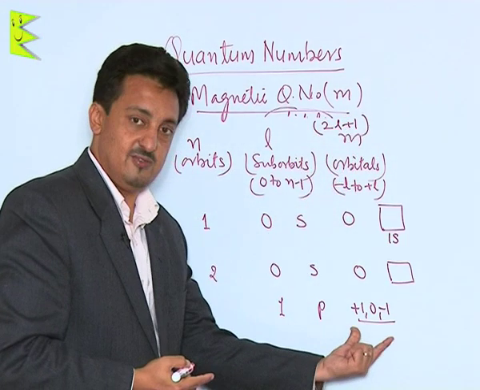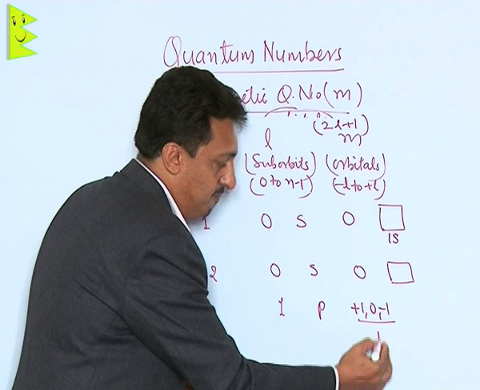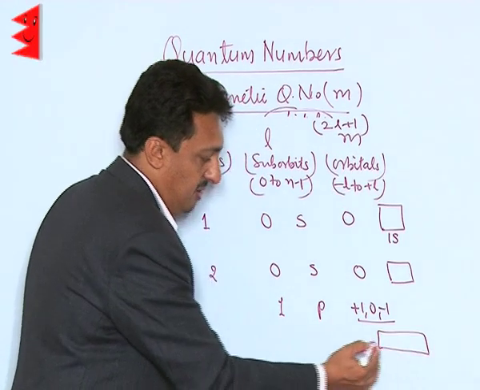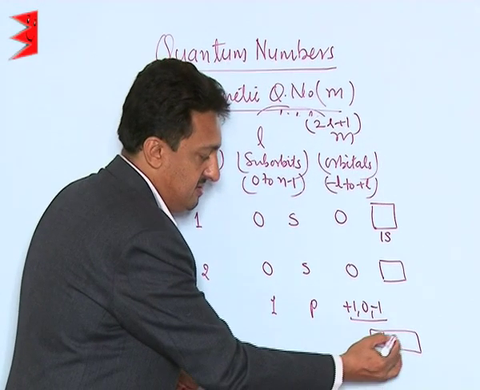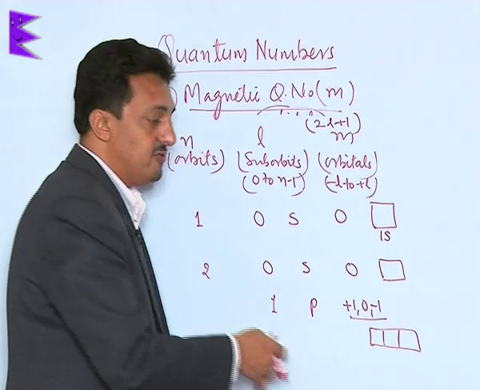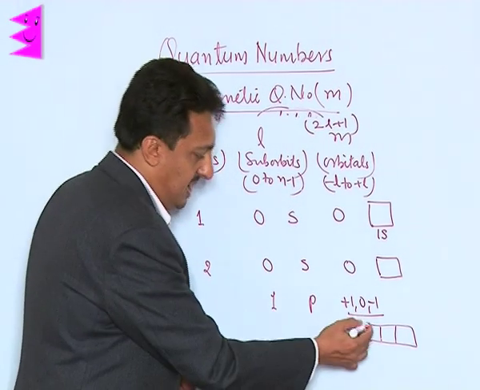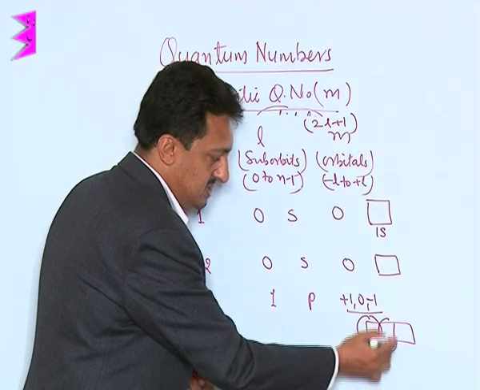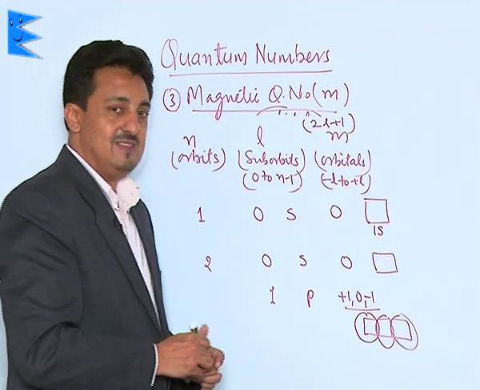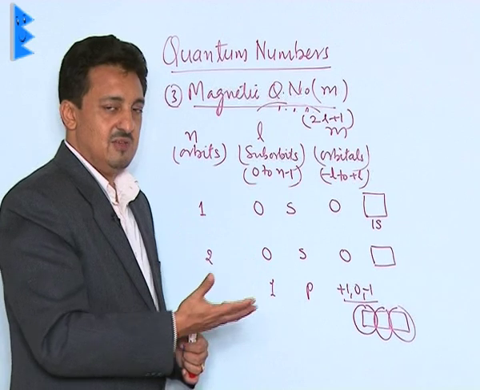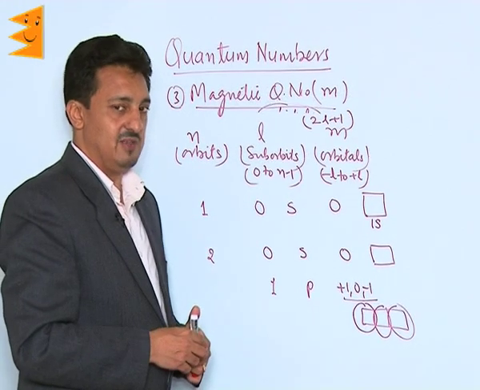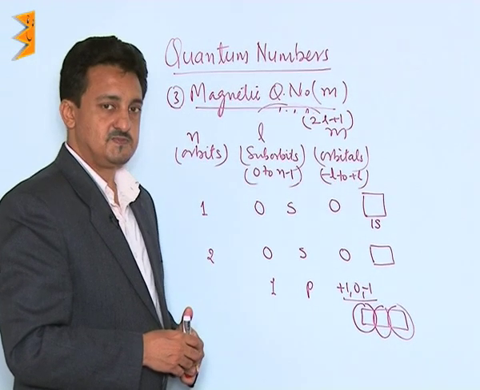So these are the 3 values. It means the P suborbit is further divided into 3 orbitals. Each individual box is an orbital. It is the path around the nucleus where the probability of finding the electron is maximum.